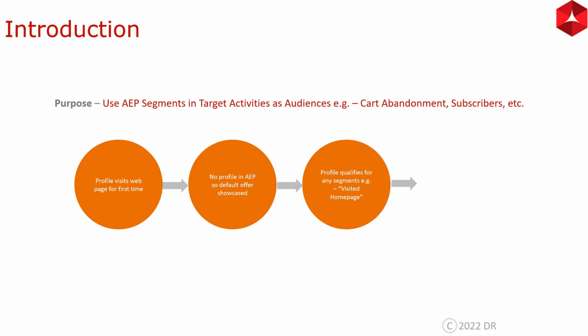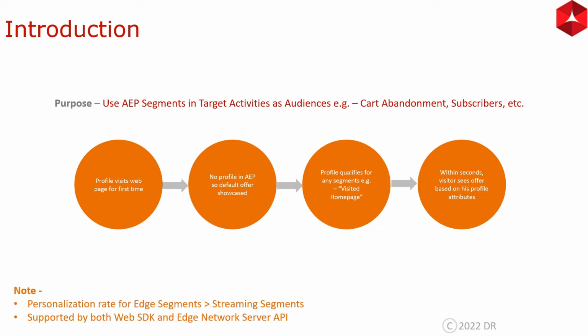Whatever use case you have, whatever attributes you have, whatever segments you have created, right? So the profile qualifies for some of these segments, and then within seconds, based on those attributes, the visitor will see the appropriate offer, right? So this is how the process looks.